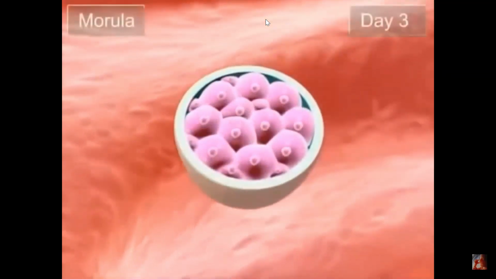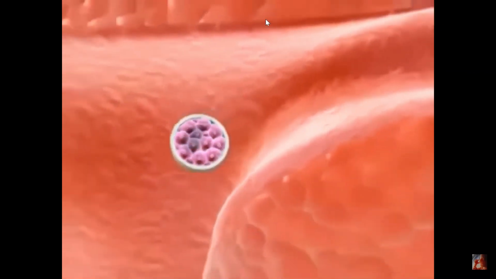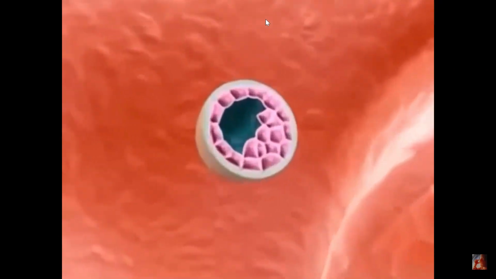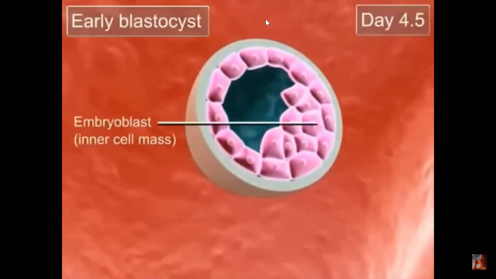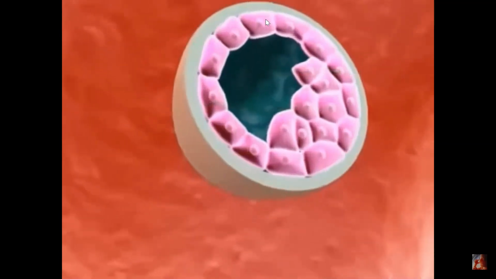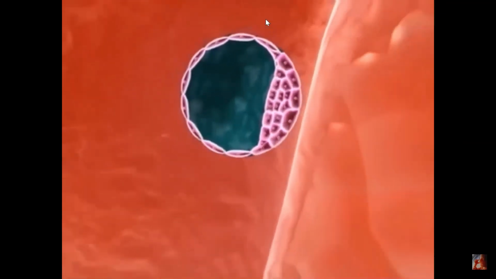So this is a mulberry-like structure, all stem cells, no differentiation, but now a cavity starts appearing. So this is the blastula. And there is an outer trophoblast and an inner cell mass, and still zona pellucida is there.